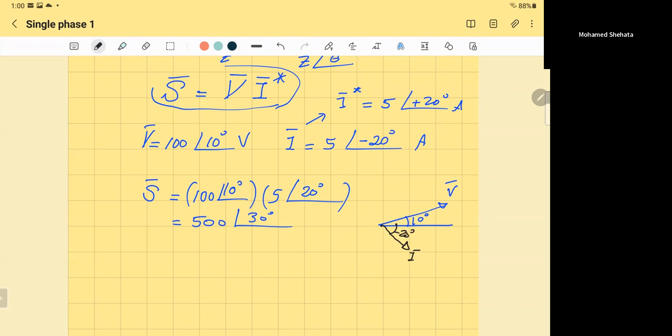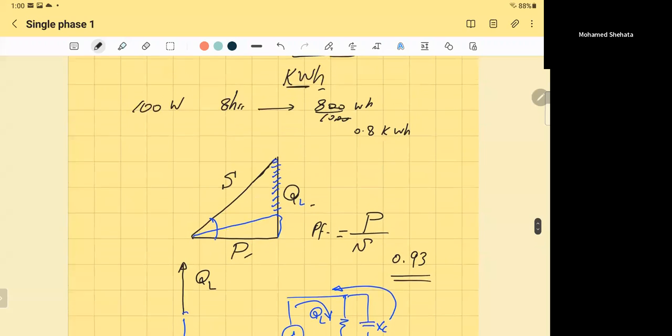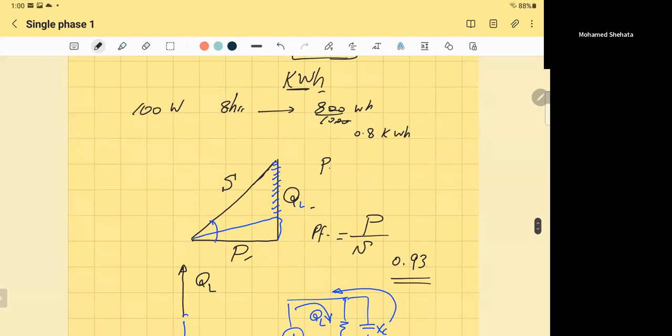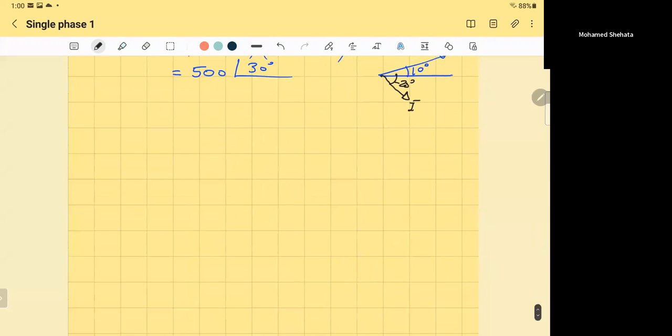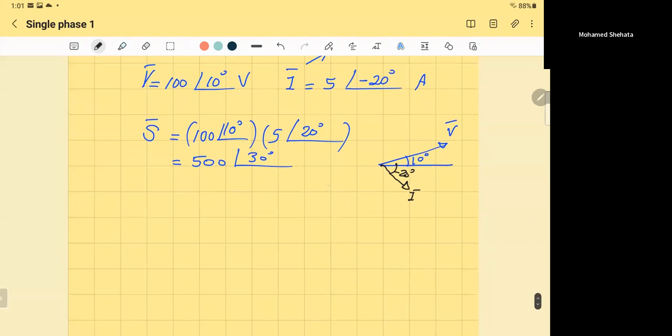So what is the angle between the voltage and the current? 30, right? That's true. So 500 at angle 30 means that for the total power, if I do the triangle, what triangle? We call this the power triangle. If you sketch the triangle, you can sketch it here.